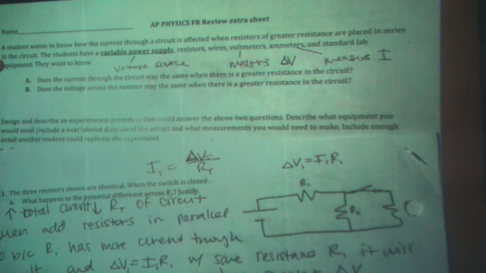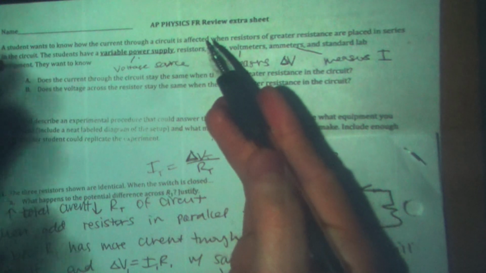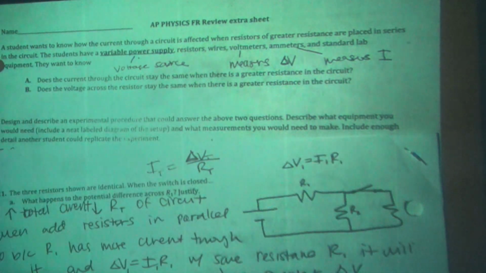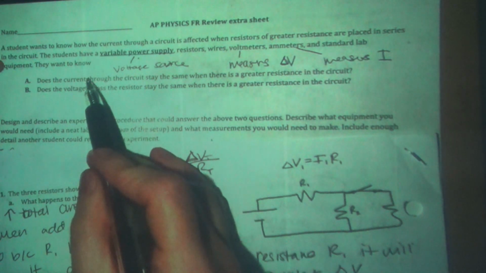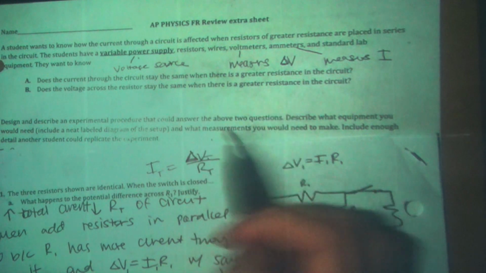All right, so first, what should your setup look like? So I said that we would, of course, need a power supply. You'd need a resistor in series, so set up the wires, power supply, and resistor in series. And because we're going to need to measure current and voltage, we need our voltmeter and our ammeter in our circuit.